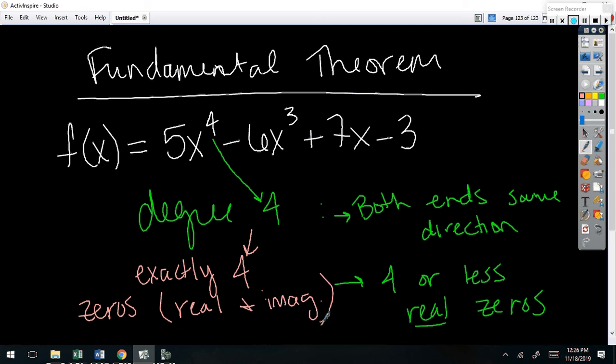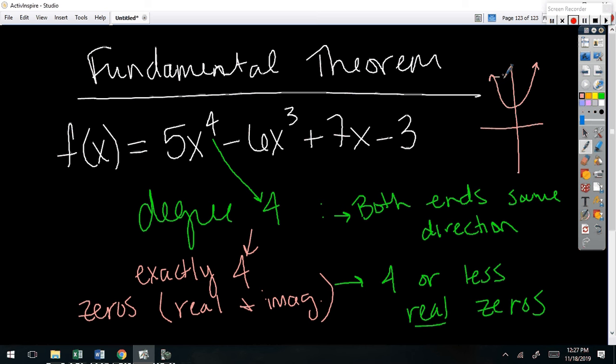Okay, so think about a quadratic. Okay, and maybe that quadratic looks like this. That has no real zeros, right? Right, thank you. Why does it have no real zeros? It doesn't cross the x-axis. But it does have a power of 2, right?